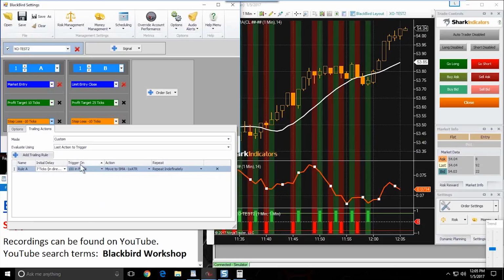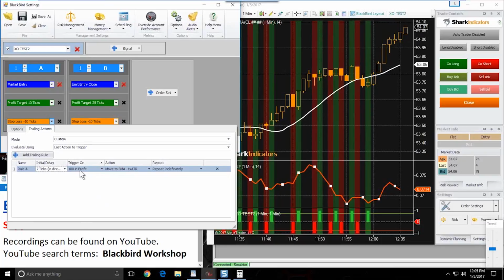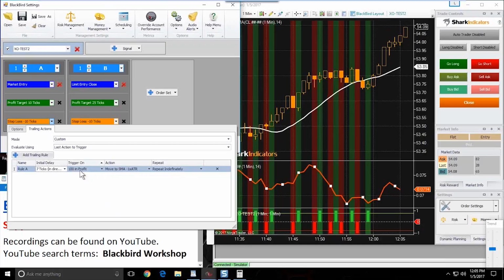And once the trigger condition has been met, the trigger stays true forever as well. So once the trigger has occurred, the action will always be executed, based on your repeat.